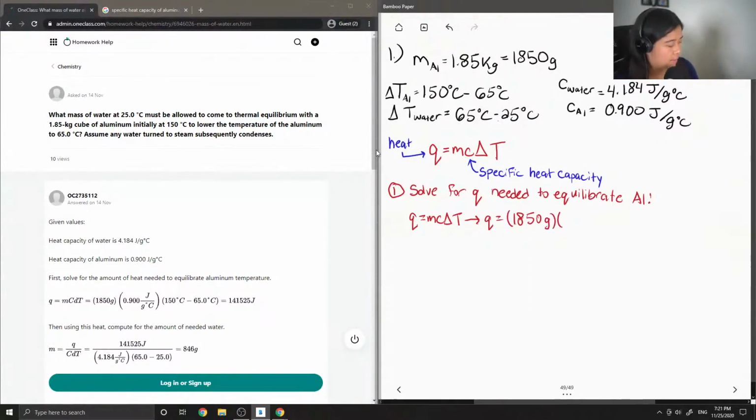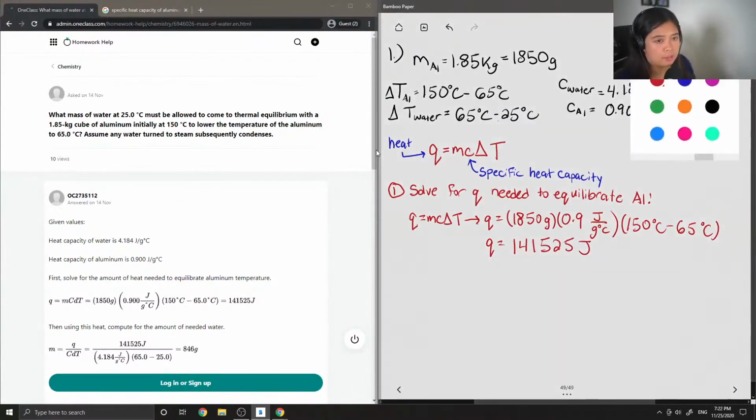And first we'll be looking at aluminum, so I'm going to use the C value for aluminum, which is the 0.9 joules over grams times degrees Celsius. And then I'm going to multiply by the delta T for aluminum, which was 150 degrees Celsius minus 65 degrees Celsius. Okay, so now that we did that, we can say the Q is equal to 141,525 joules.